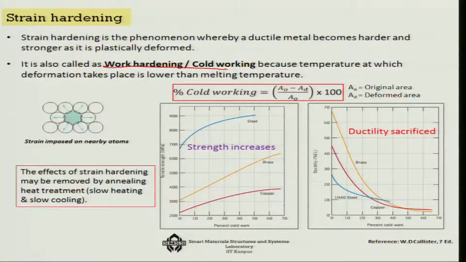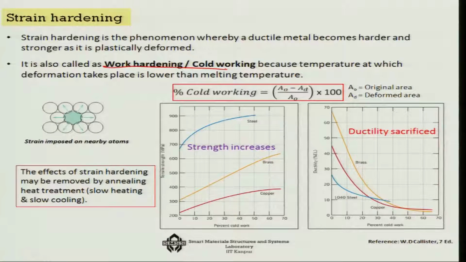You must have seen this in the stress-strain diagram itself, where beyond a certain percentage of strain there is a strain hardening region. The idea is very similar, but in the forming of the metal itself this technique is used, and hardening happens to the system.